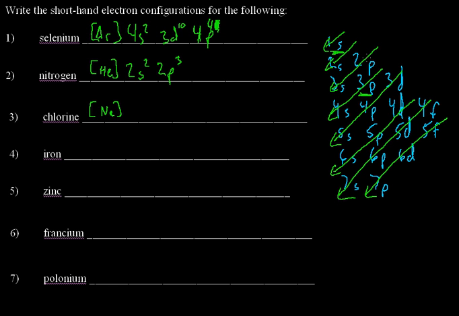Neon's 2 rows down in the P block, so neon's electron configuration will end with 2p6, and we're going to pick up where that leaves off. So this gives us 3s2. After 3s2 gets filled, we go to 3p, and we only need 5 electrons because chlorine has 17 electrons, neon has 10. That means chlorine is neon with 10 more electrons. I'm sorry, with 7 more electrons. That's where the 2 and the 5 comes from.